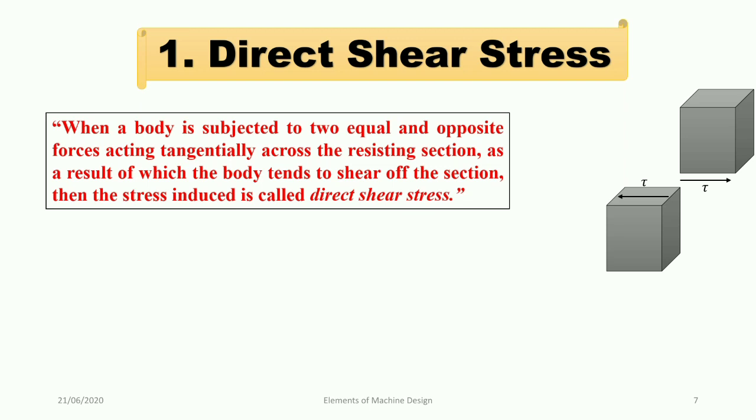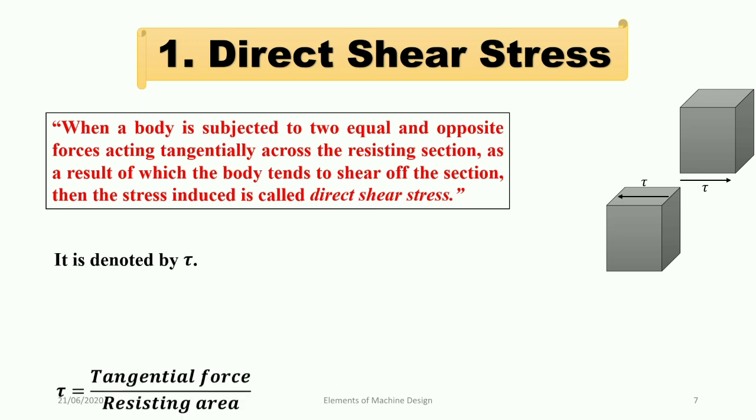This is one of the prismatic bars. The arrows show two equal and opposite forces acting tangentially across the resisting section, and the stress induced is called direct shear stress. It is denoted by tau.